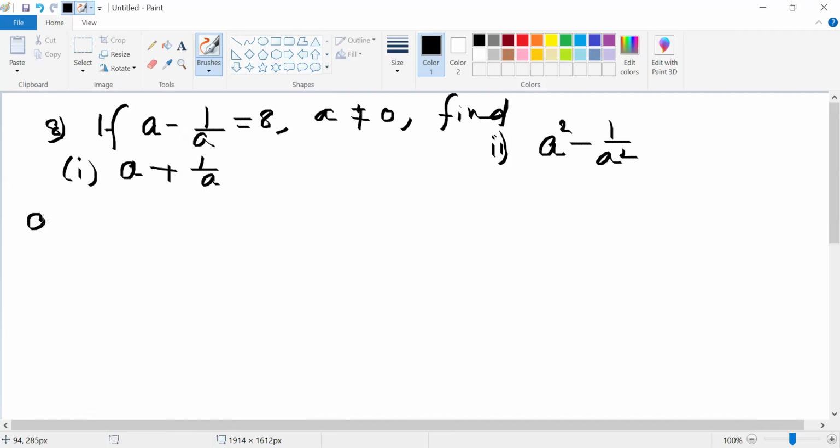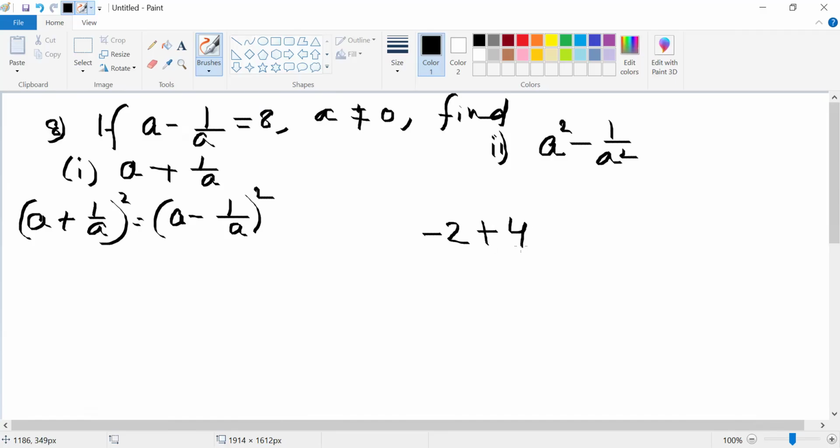So, like the last one, I am directly writing: a plus 1 by a whole square will be what? If you find a minus 1 by a whole square, what you will get? a square plus 1 by a square minus 2. With that minus 2, if you add 4, it will become plus 2, no? That we want for a plus 1 by a whole square.